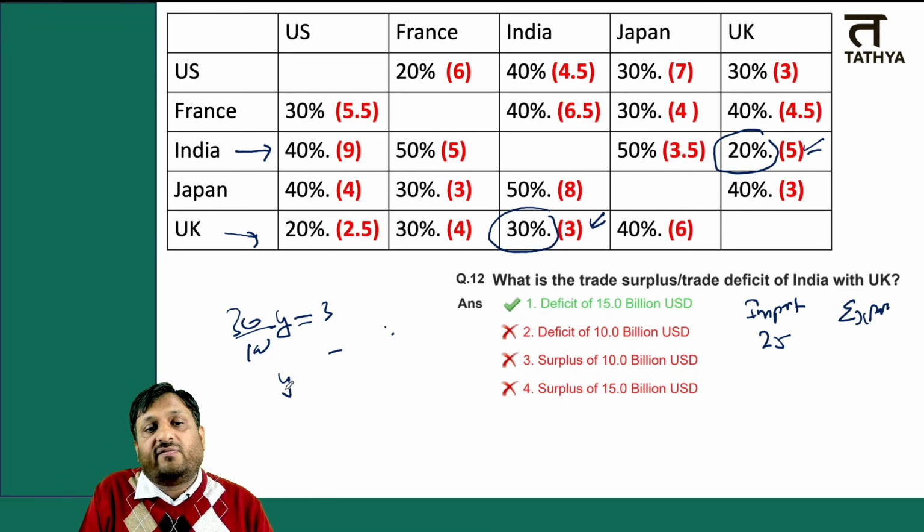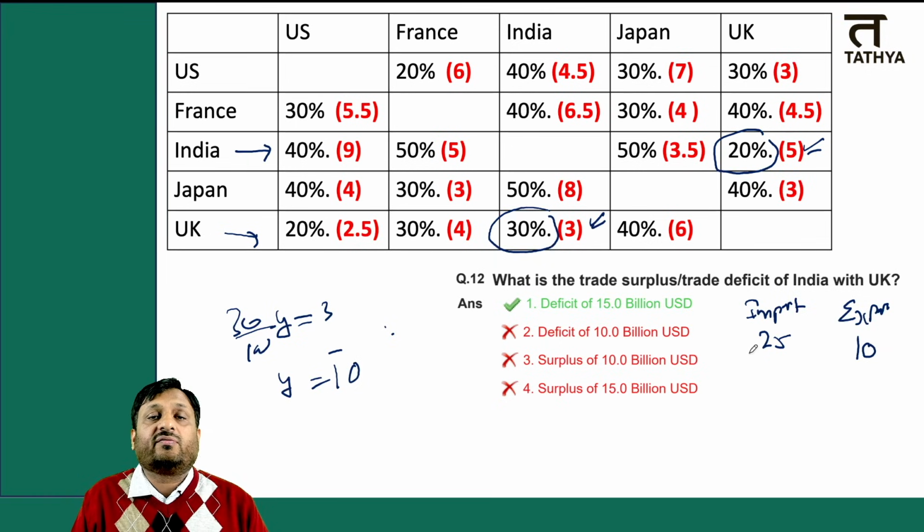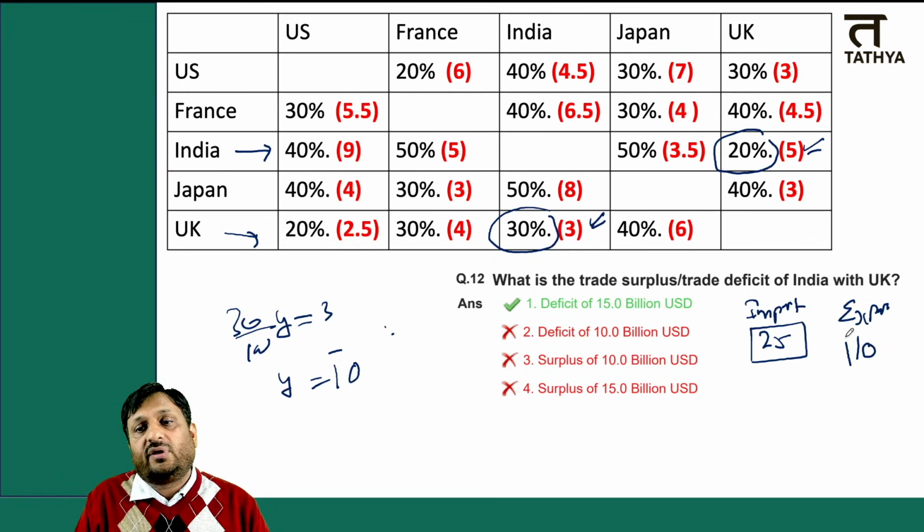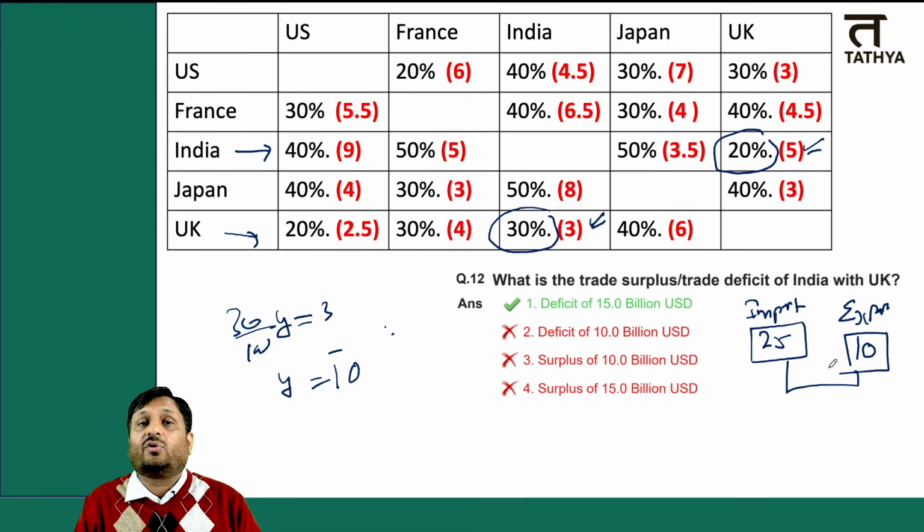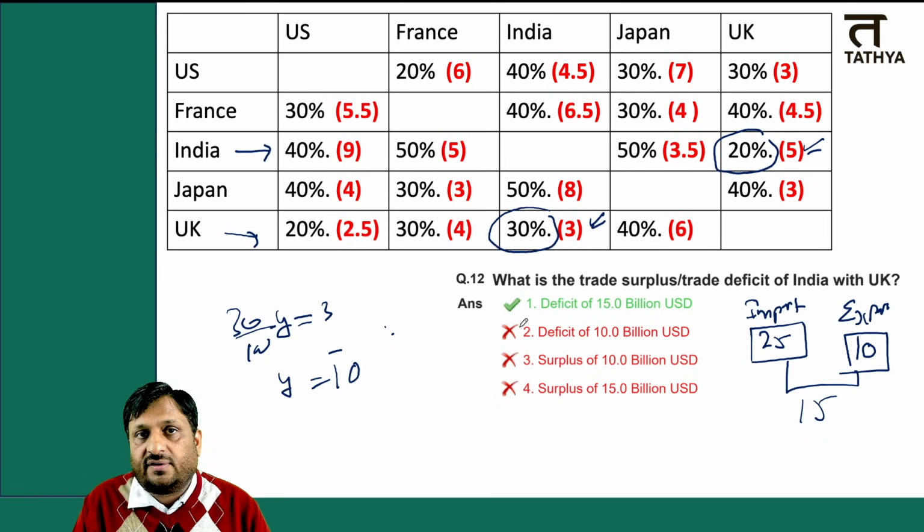So, Y will be $10 billion. So, export to UK is $10 billion. India is importing $25 billion worth from UK and exporting $10 billion. So, India is under deficit because it is importing more. And how much deficit is it getting? $15 billion. So, the answer of this question is A, first.